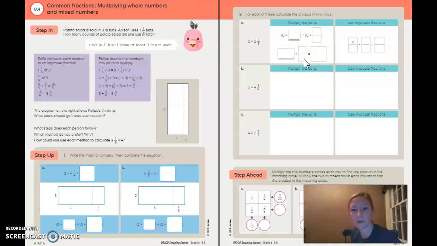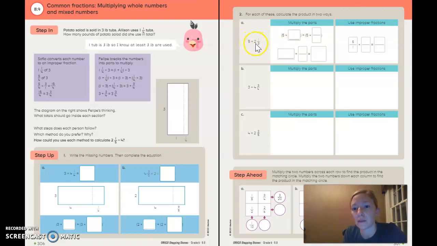Okay. For each of these, calculate the product in 2 ways. Okay, so they want us to multiply the parts, and then the second way is convert to an improper fraction first. Okay, so the first one, it looks like we're multiplying 5 times 2 1/3.